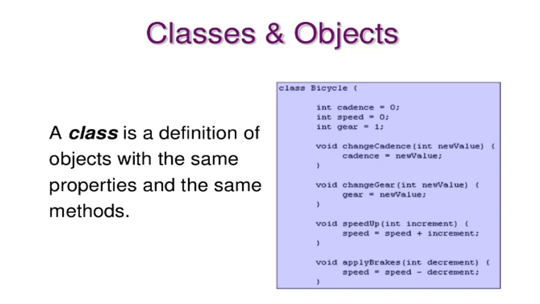These are called data members of class bicycle. I also define member functions, which are nothing but change gear, speed up, or apply brakes. These are all called properties of the particular class, or you can say methods of the class bicycle.